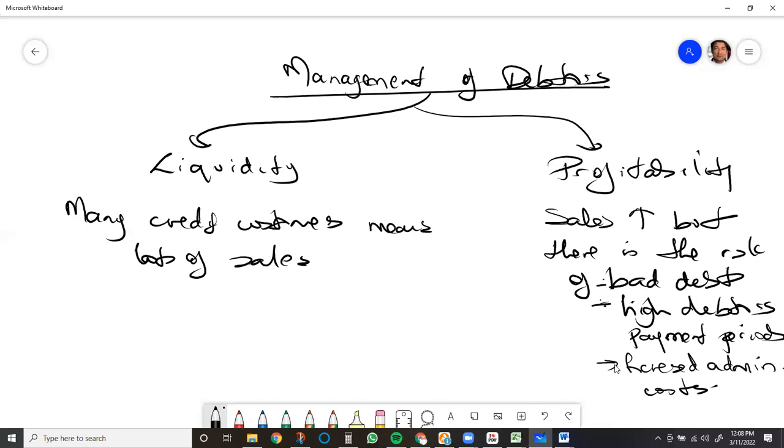So if we've got to generate a lot of our revenue through credit sales, we need to ensure, therefore, that receivables are properly managed. And that's important.